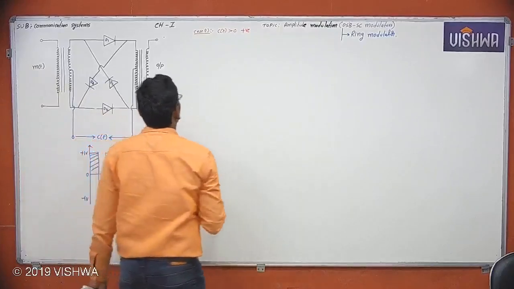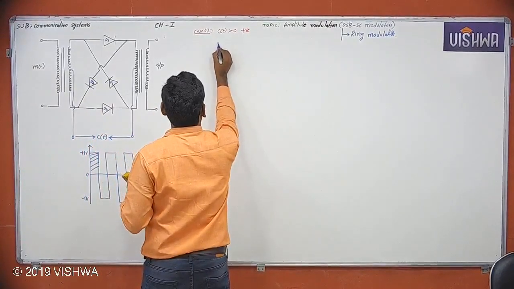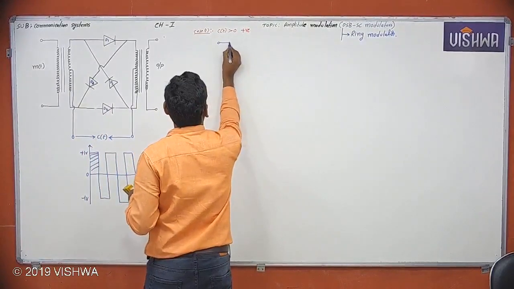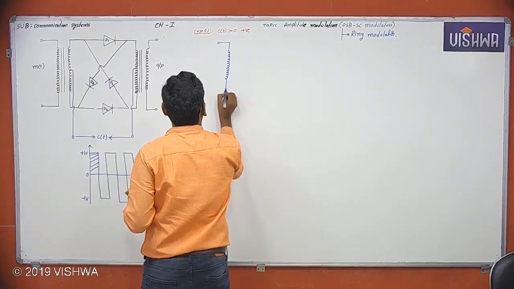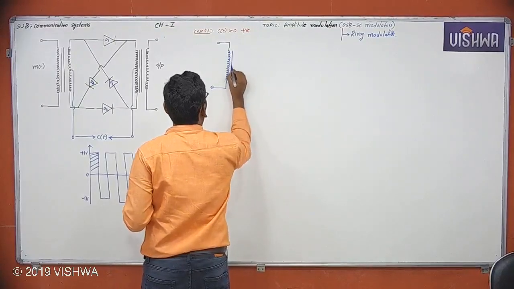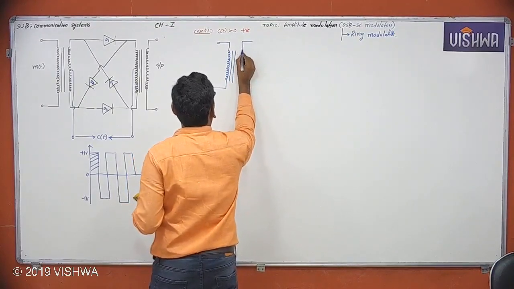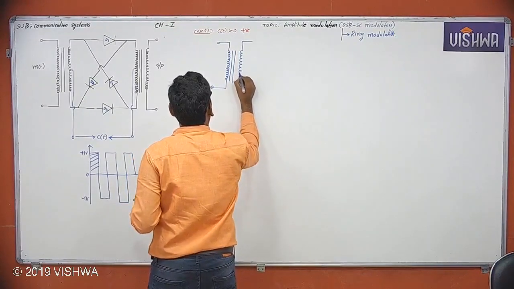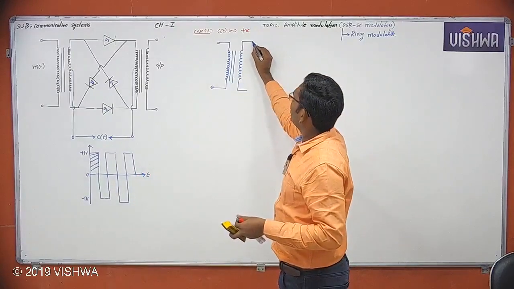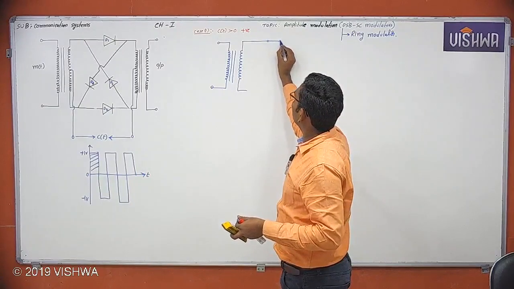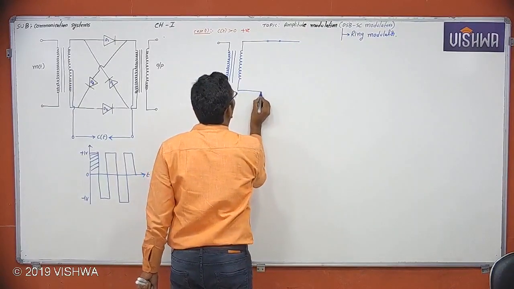So this is a positive potential. When a positive potential is applied here, now this is the circuit. Now this is the positive potential, which means now diode D1 is on condition. Now diode D2 is also on condition.